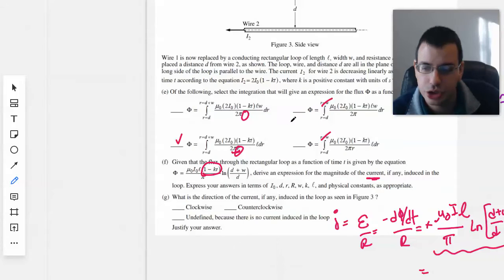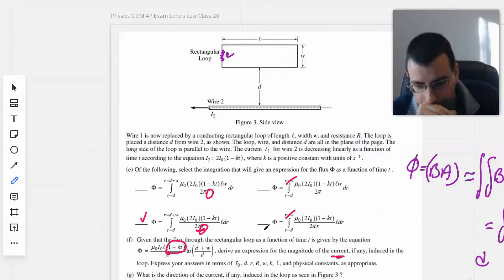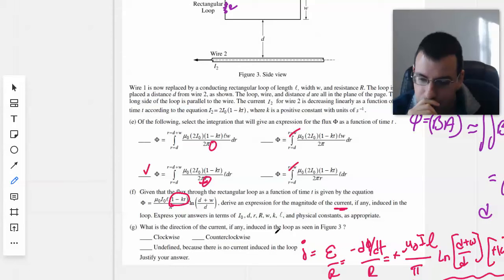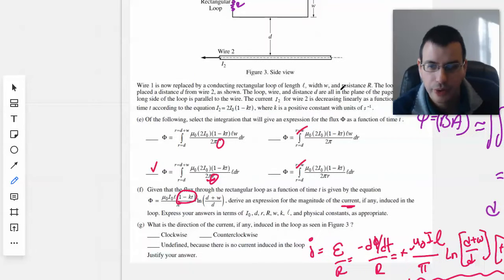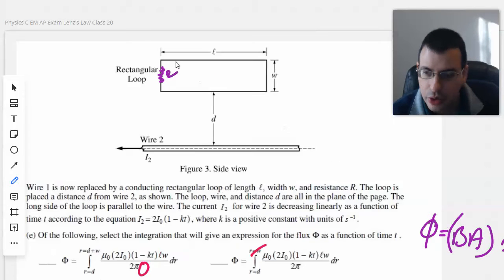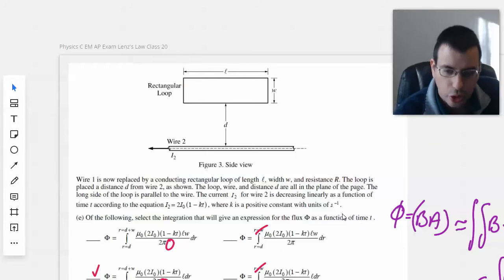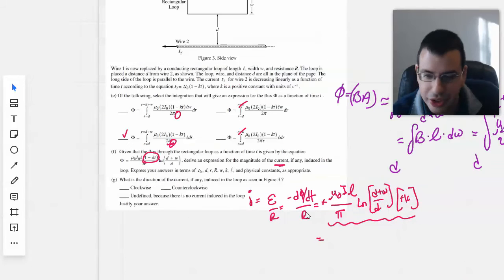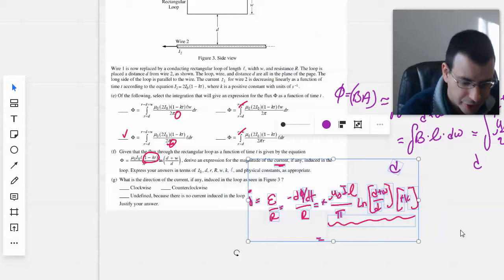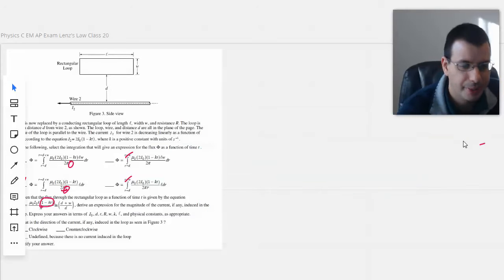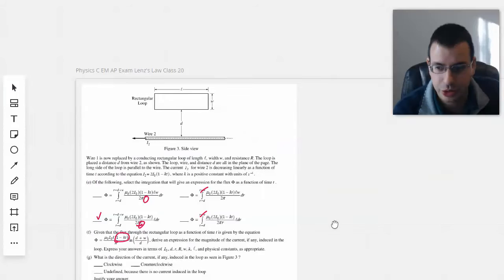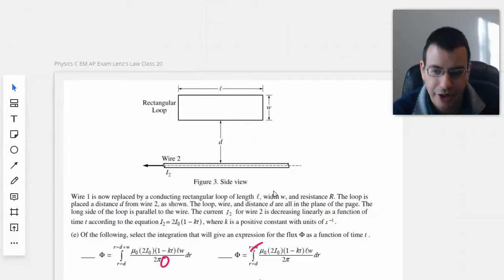Okay, induced current. So what is the direction? This second part is actually quick if you follow their prompts, but I could see how you get easily bogged down in this.